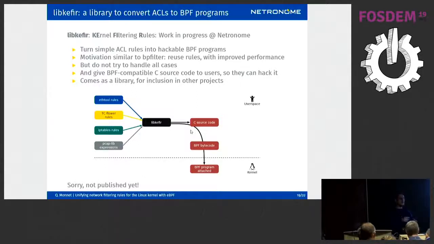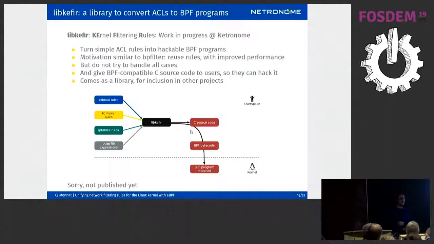I would like to be able to produce C programs. So instead of doing all the work down to sending the programs directly to the kernel, which would be supported too, we would also be able to dump a C program so that administrators could hack the programs themselves and modify them.